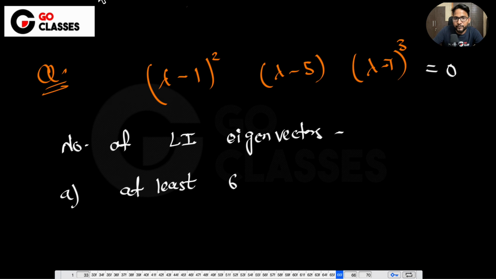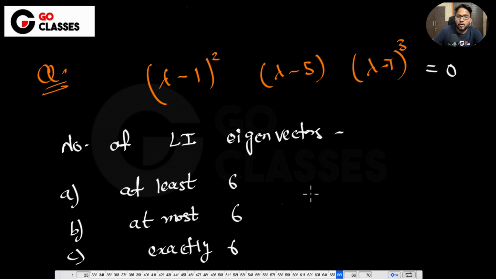Option B says at most 6. Option C says exactly 6. Option D says at least 3. Now let me know which of the following options is correct. So this is an MSQ question.